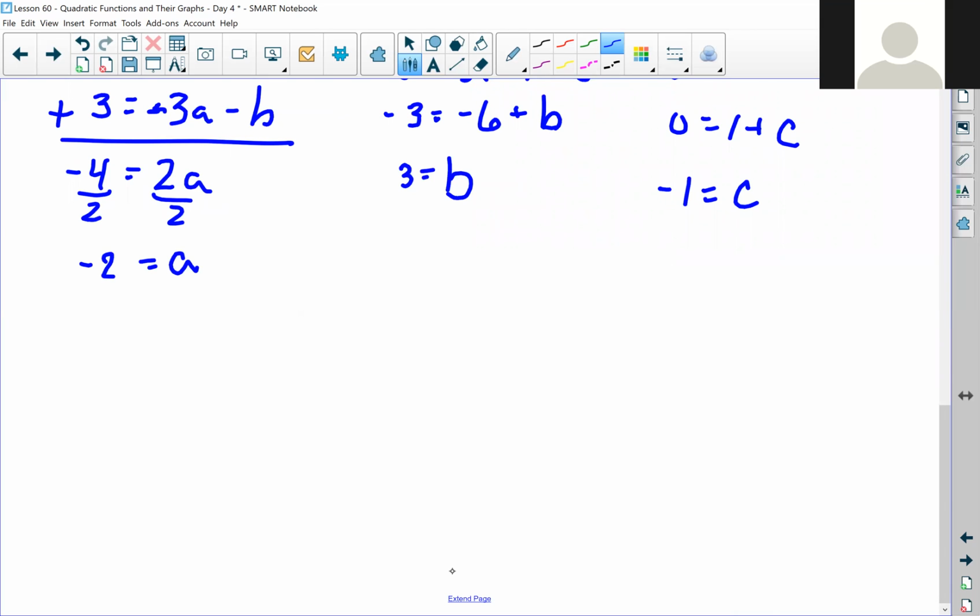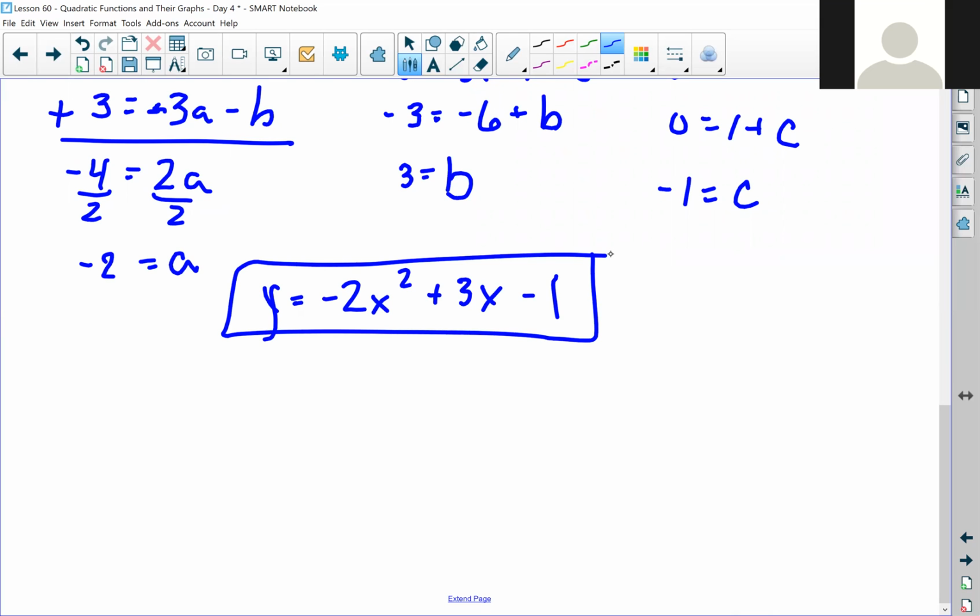So my equation for that parabola, y equals -2x squared plus 3x, I almost put b, plus 3x minus 1 is my equation. And then it asks you to find the vertex.